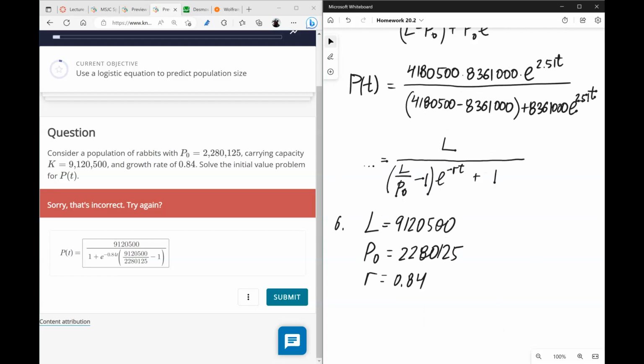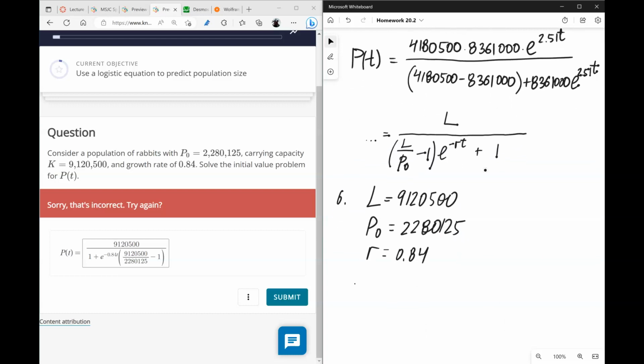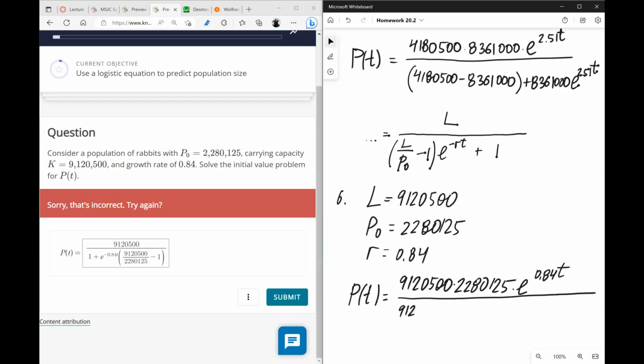So the old way is we're going to write L times P0 times e to the power this, divided by, let's see.